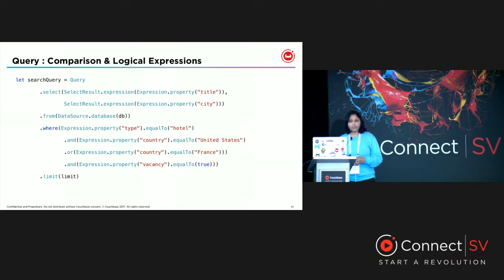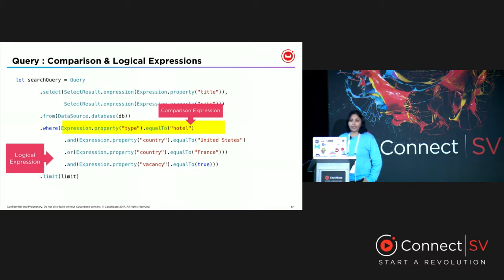Now, logical expressions allow you to concatenate expressions to make something much more powerful. In the previous case, you had a simple example: get me all documents whose type property is equal to some value. In this example, property type is equal to hotel. That's a comparison expression.